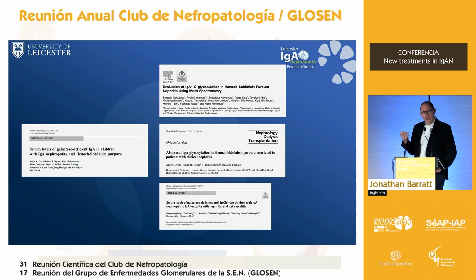When we look in IgA vasculitis in adults and children, we can see that those levels are elevated as well. In fact, they seem to be most elevated in those children that actually develop nephritis, rather than those that just have a skin rash. Again, suggesting that this particular form of IgA is relevant to both diseases.